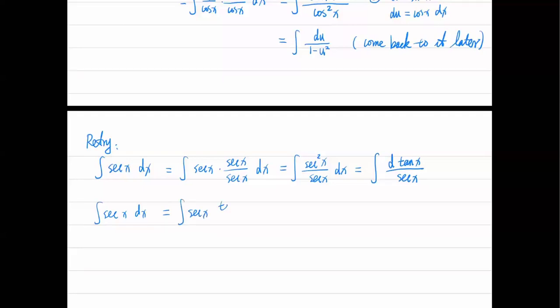Secant x. Let's try tangent, see what we get. Secant x tangent x dx over tangent x. Okay, the two of you. What substitution would you use for this numerator?